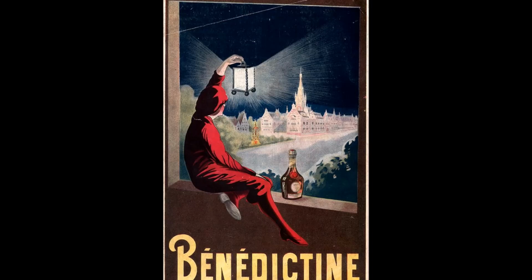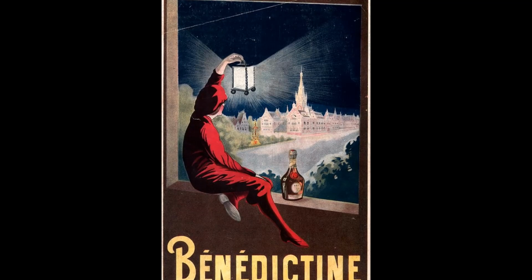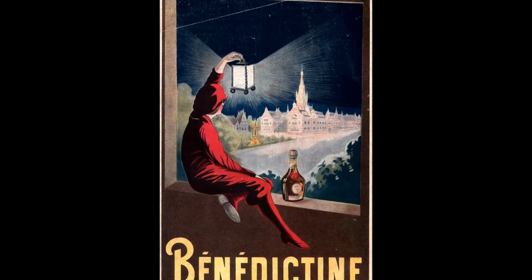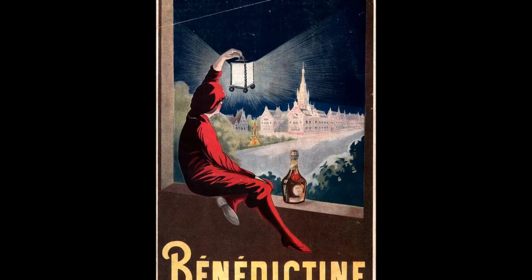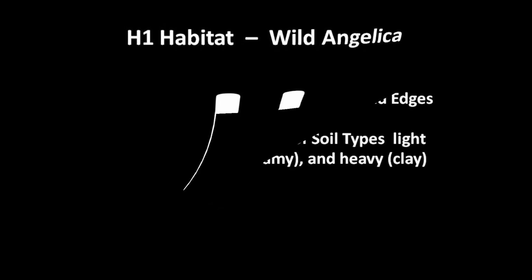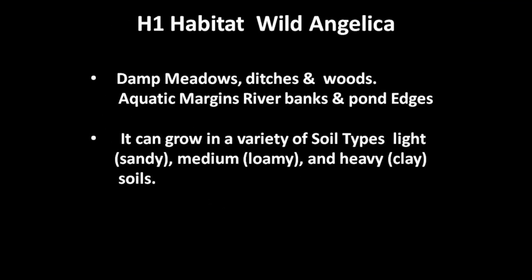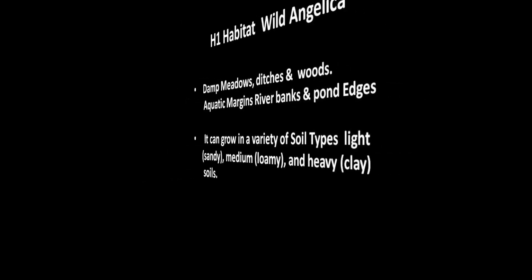Each bottle has the monastic seal and the abbreviation DOM, Deo Optimo Maximo, meaning to God, most good, most great. The habitat includes damp meadows, ditches, woods, and aquatic margins, including riverbanks and pond edges, and it can grow on a variety of soils.